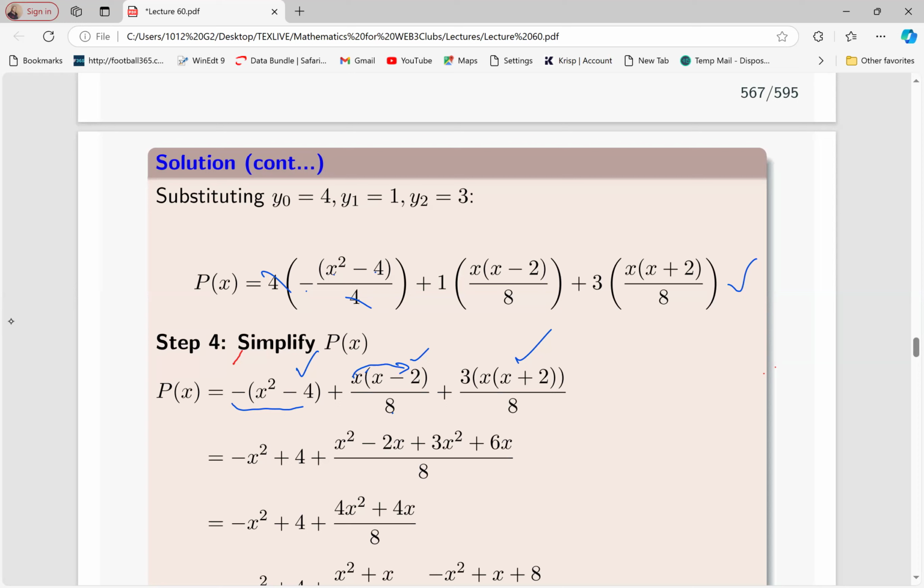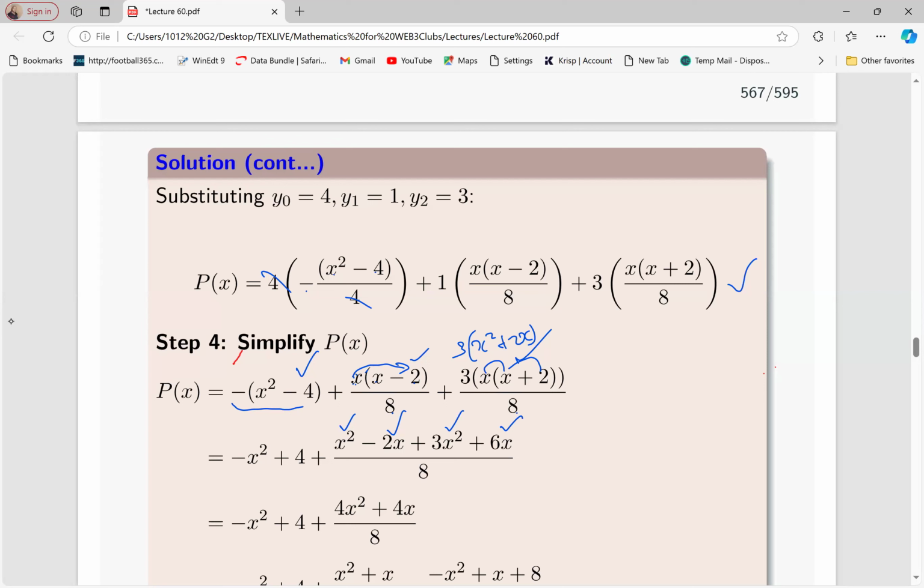And this is 8, 8. So there's nothing to multiply with. It's just 8. So this will be x squared minus 2x. And this other one, this x squared plus 6 plus x, this is x squared plus 2x, but then there's a 3 here, which gives us 3x squared plus 6x.